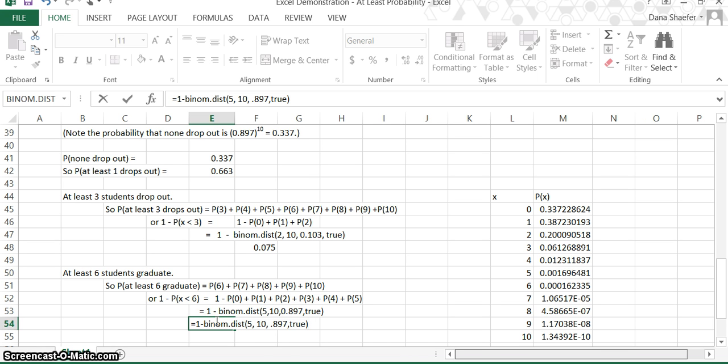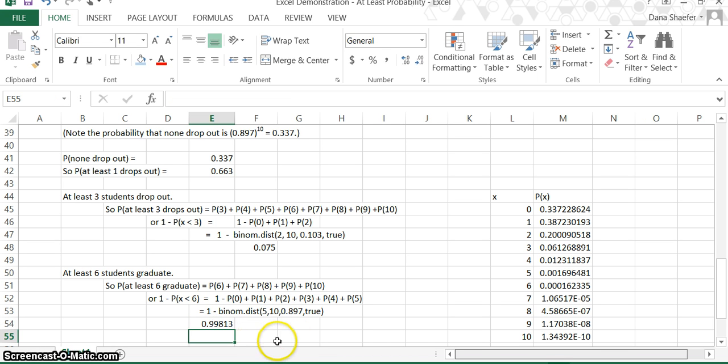And then when I push enter, I get 0.99813. Let's fix those decimal places again so that we're rounding them right. So 0.998 would be my answer for that last part of the question.